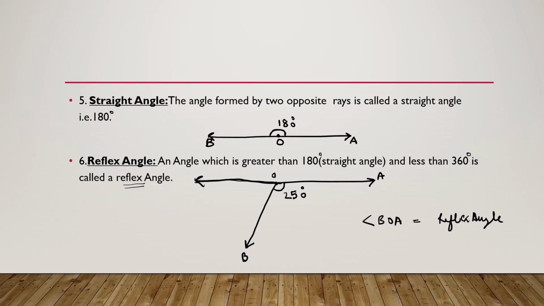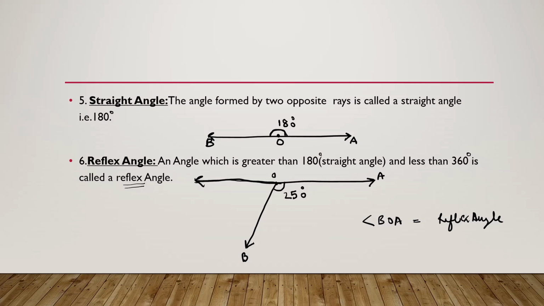Fifth one is straight angle, the angle formed by two opposite rays. You can see in the image ray OA and ray OB are in opposite directions and they are forming a 180 degree angle, that is called a straight angle. Sixth one is reflex angle, an angle which is greater than 180 degree and less than 360 degree. Angle BOA is a reflex angle, that is 250 degree.